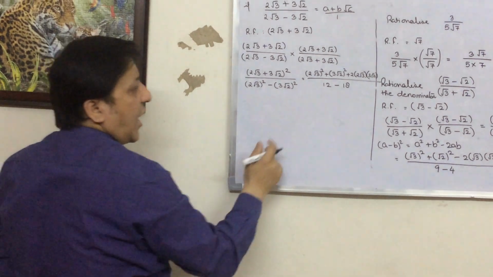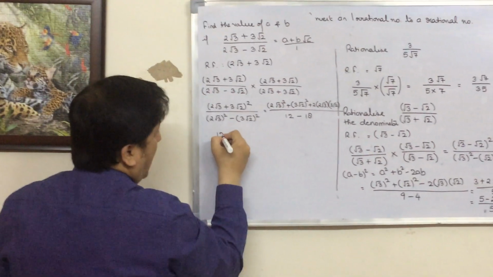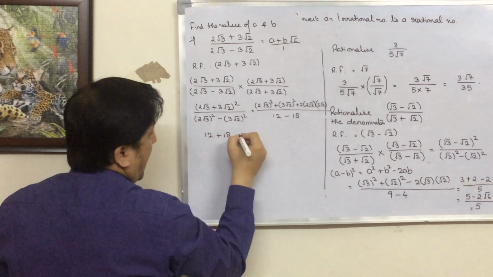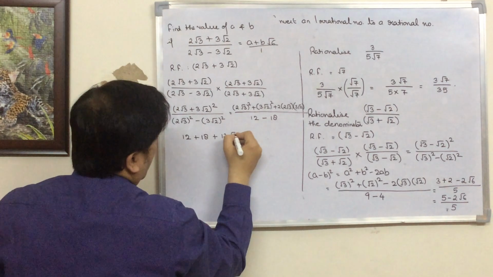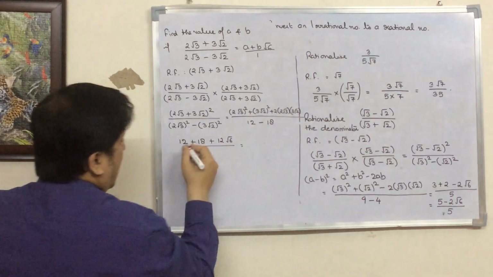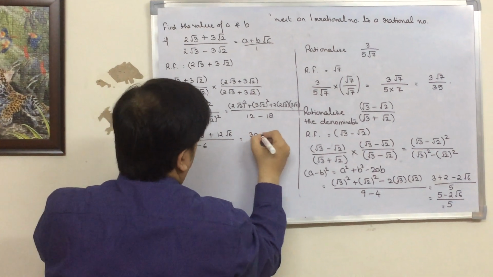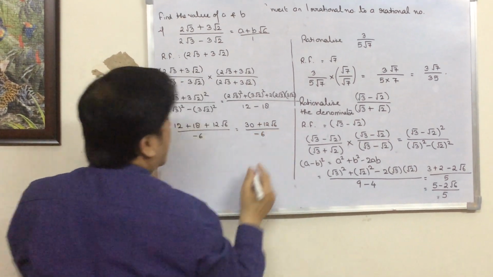We open the brackets here: 12 plus 18 plus 12 root 6 upon minus 6. We get here 30 plus 12 root 6 upon minus 6.